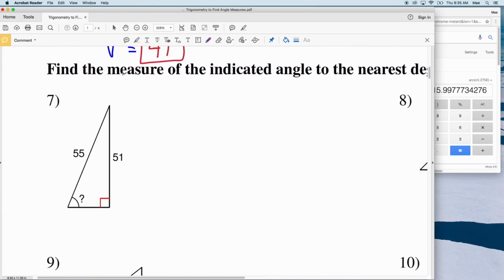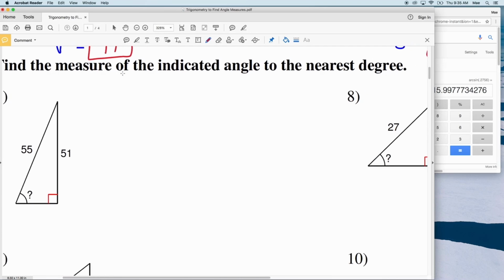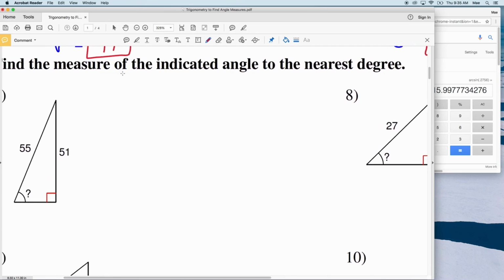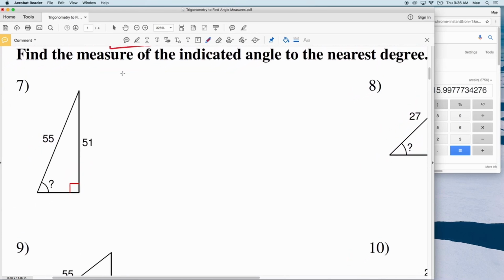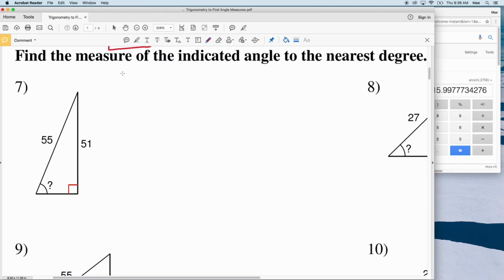Now for the rest of these problems, our directions are to find the measure of the indicated angle to the nearest degree. We're going to find that angle using sine, cosine, and tangent, so we'll use SOH CAH TOA to help us remember which function we're using.